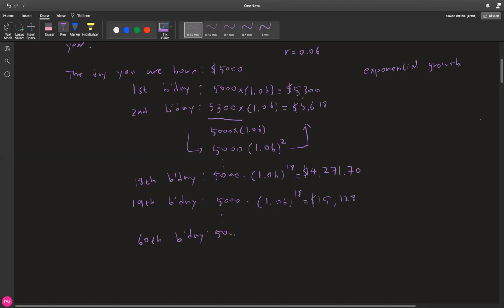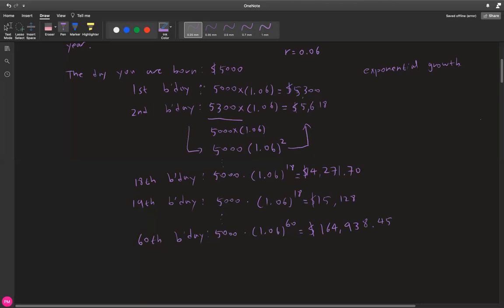Then that's going to be $5,000 multiplied by 1.06, and you're exponentiating by 60 because it's your 60th birthday. And you'll actually end up with $164,938.45.